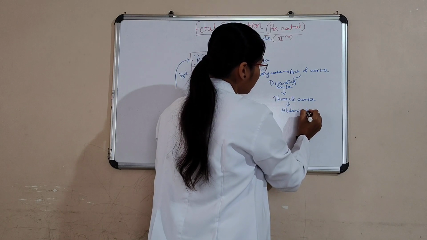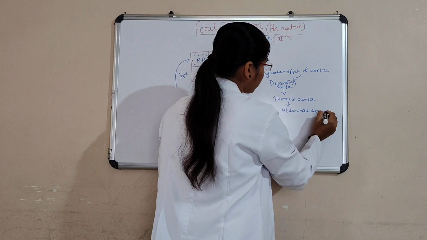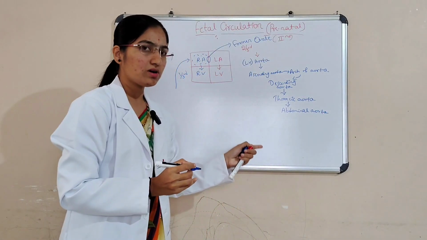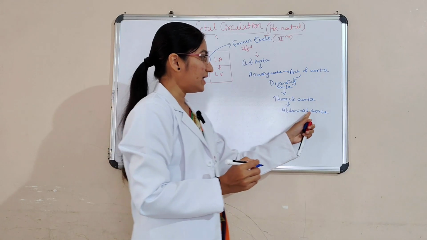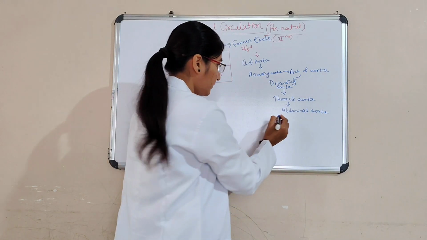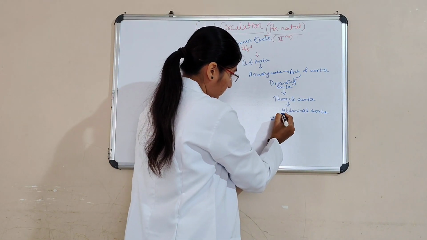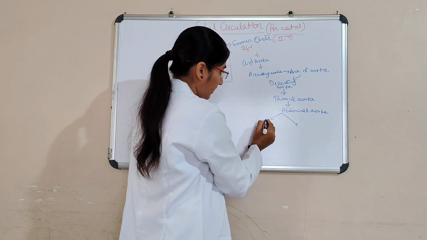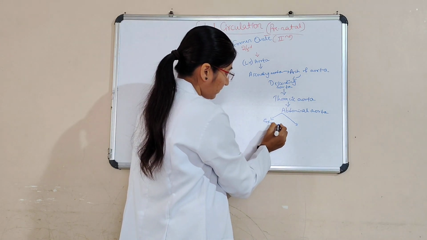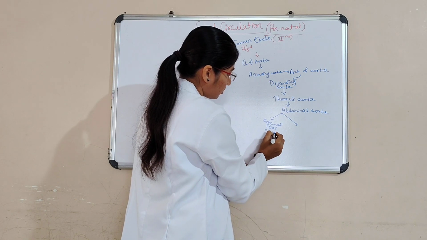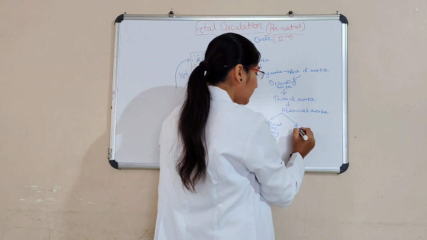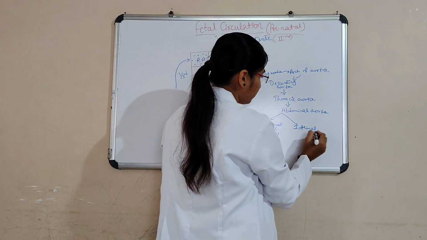It comes to the abdominal aorta, and from the abdominal aorta there is the internal iliac artery and the external iliac artery.